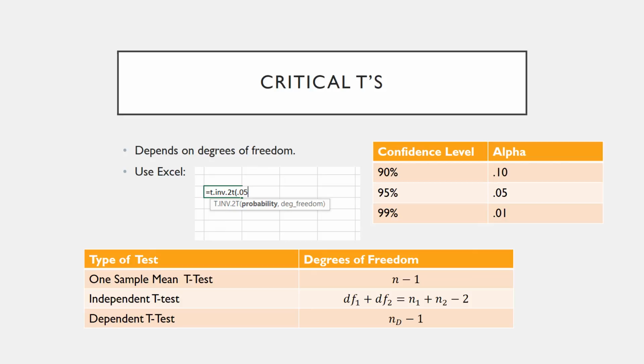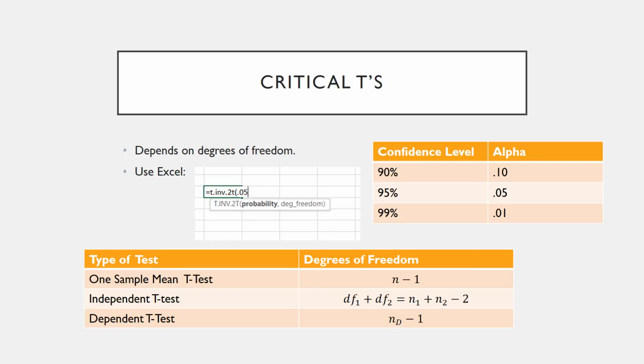Then to get the degrees of freedom, it depends on the type of test. If you have a one sample mean test, you just do the sample size n minus 1. If you have an independent t-test, you do the degrees of freedom total. And you can get that two ways. You can find the degrees of freedom for each sample, which is the sample size minus 1, and you do that for each sample, and then you add them together.